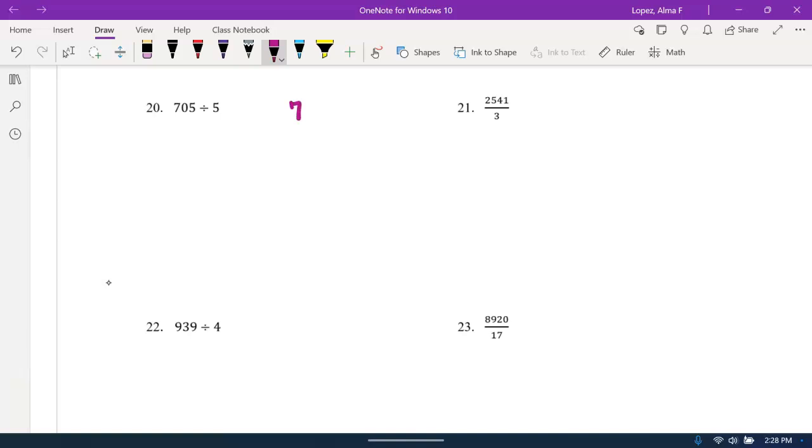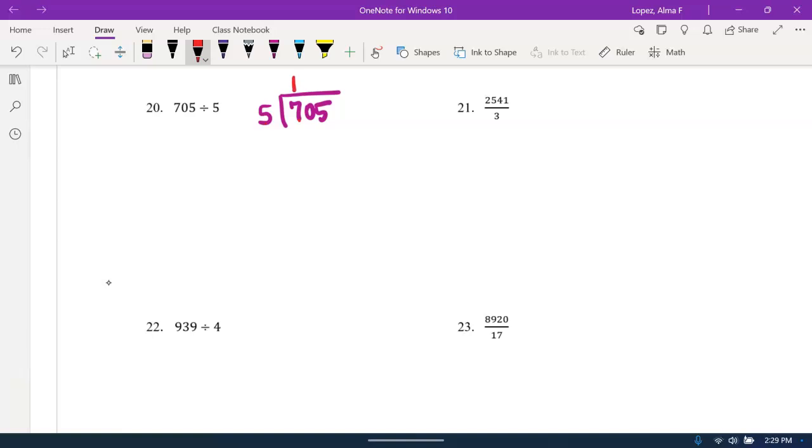Well, 705, the number we're dividing into, goes on the inside of my long division box, and the number we're dividing by goes on the outside. Now, the way you do it is you ask yourself, can 5 divide into 7? Yes. How many times does 5 divide into 7? 1 time.